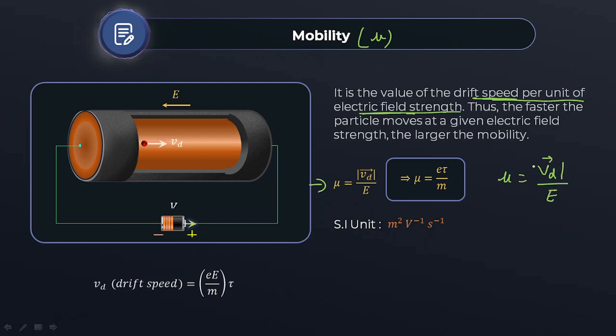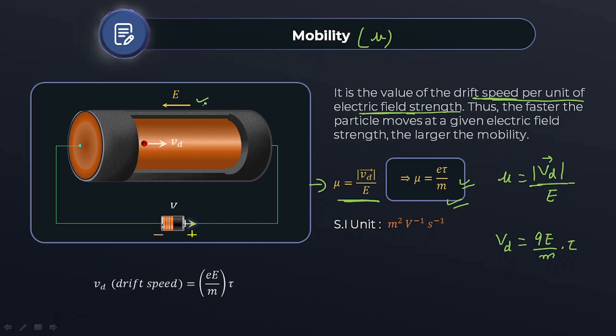Now drift speed means the magnitude of drift velocity. You all know what drift velocity is: V drift equals qE by m into tau, right? So we can put the value. E will get cancelled, and we have charge on electron into tau divided by m. Simple. Just remember this formula: drift velocity divided by electric field strength.